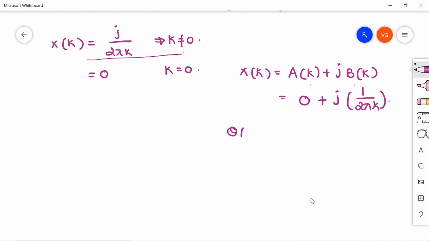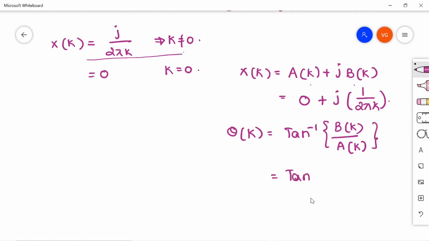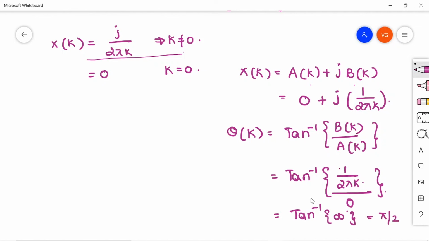To find theta of k, the phase spectrum, that is tan inverse of the imaginary part divided by the real part, b of k by a of k. So you can write this as tan inverse of 1 by 2 pi k divided by 0. Anything divided by 0 is infinity, and tan inverse of infinity is pi by 2.